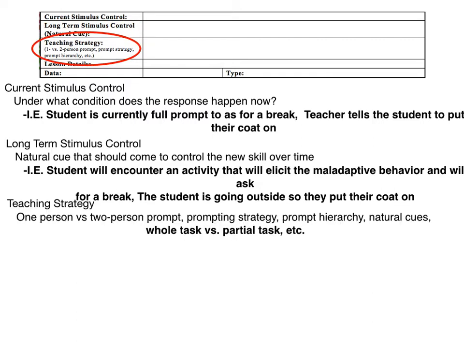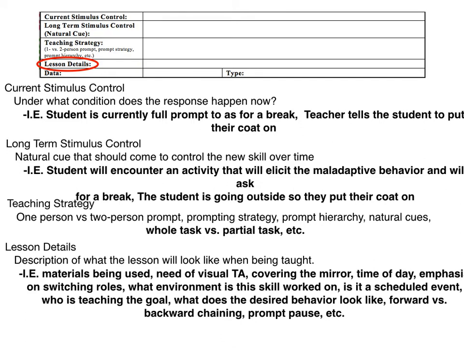The next section is the teaching strategy. These are things like one-person versus two-person prompting, prompting strategies, the prompting hierarchy, natural cues, whole task versus partial task. Next are the lesson details. This is the description of what the lesson will look like when it's being taught.